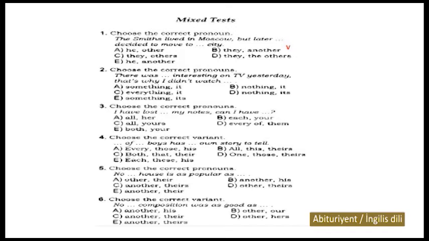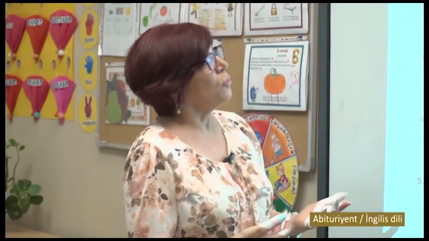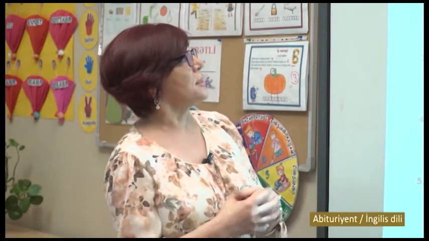They, but later they decided to move to, can we use other city? Of course, we can't use other city because other as a determiner can't be used in plural. The same explanation applies to the others. Our right variant is, of course, B. They decided to move to another city.